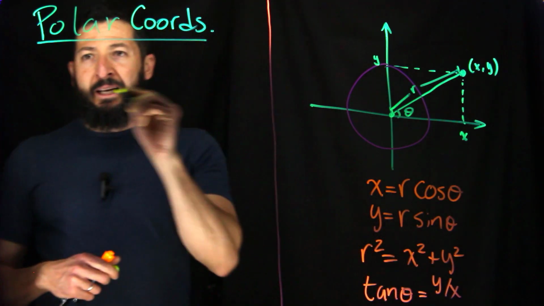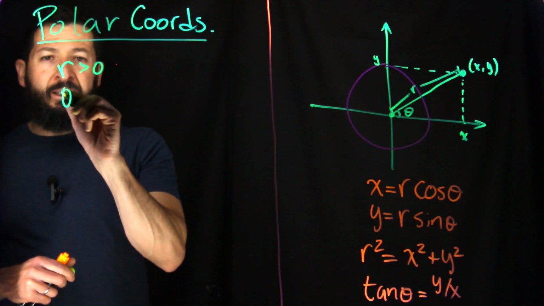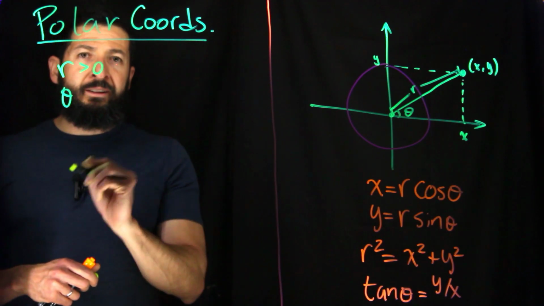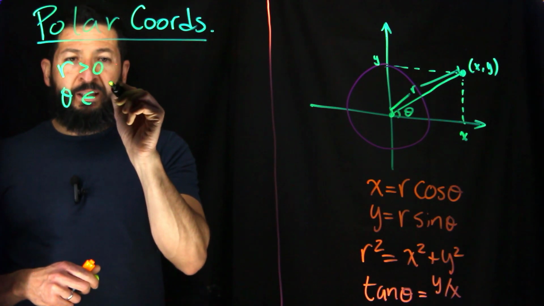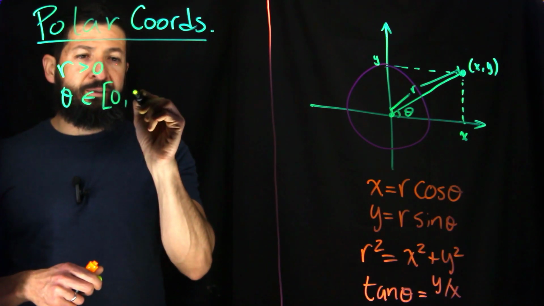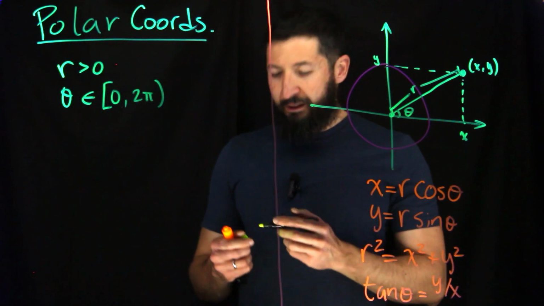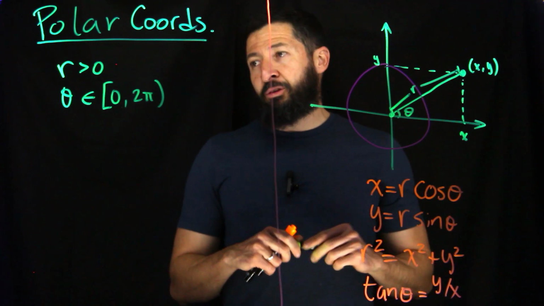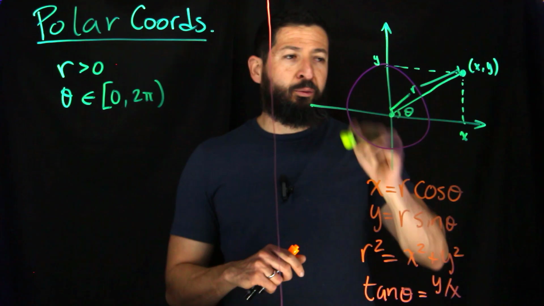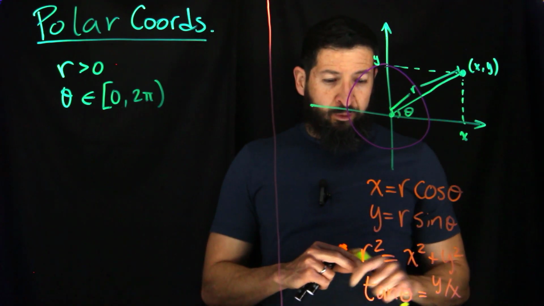So I'm going to say that the radius will be positive and the angle theta will belong to the interval. Let's leave 2 pi open, because in terms of angles, 2 pi is the same as my angle 0, because you return all the way back. All right, so those are the formulas we're going to be using.